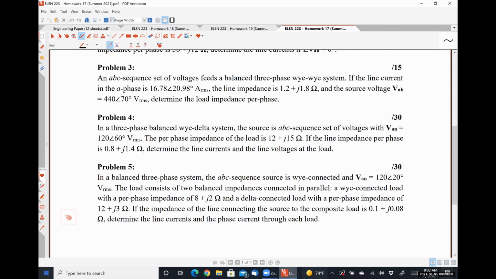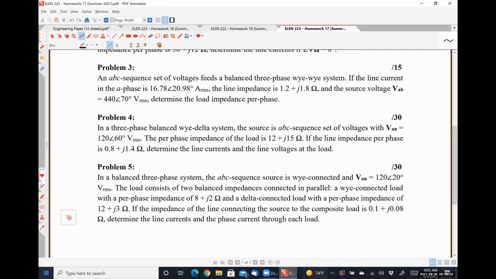Problem 4, we have a Y delta system where we are given the Y side phase voltage. We're given the impedance of the load and the impedance of the transmission lines, and we want the line currents and the line voltages.